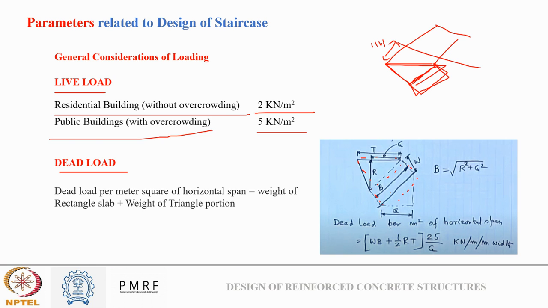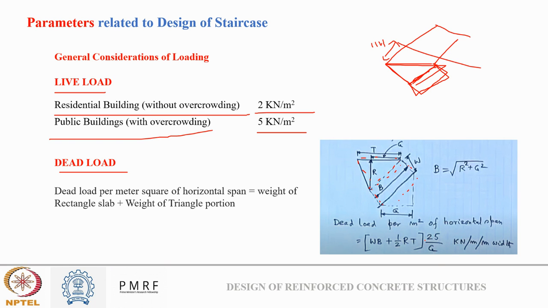So how do we calculate that? Suppose the width of the slab is w, the riser height is r, the tread length is t and the going length is g. The length b will be, from the Pythagoras theorem, the square root of r square plus g square. And so the dead load per meter square will be w times b into 25 kilonewton per meter cube, which is generally what we consider as the density of concrete, divided by g.